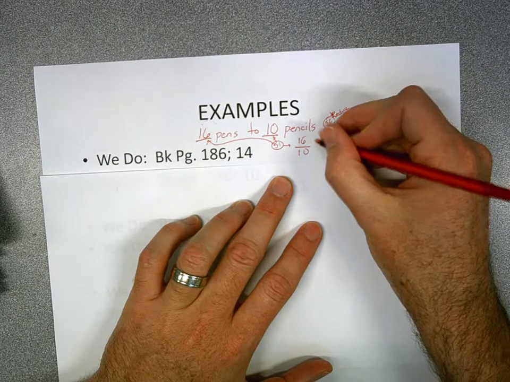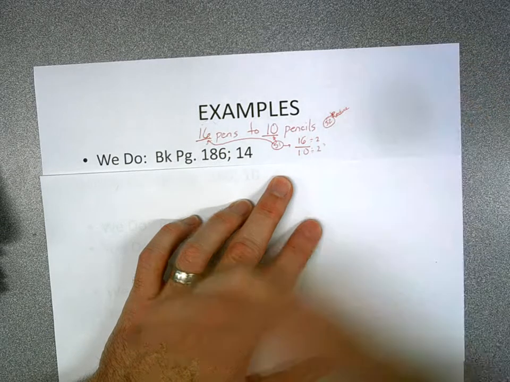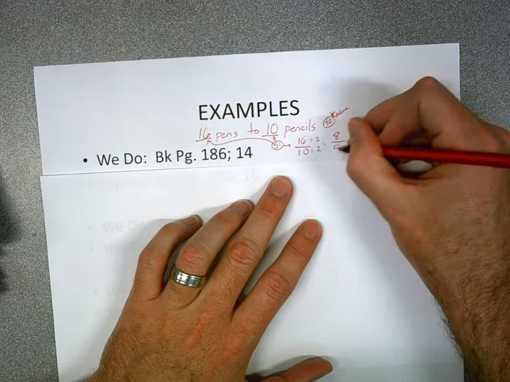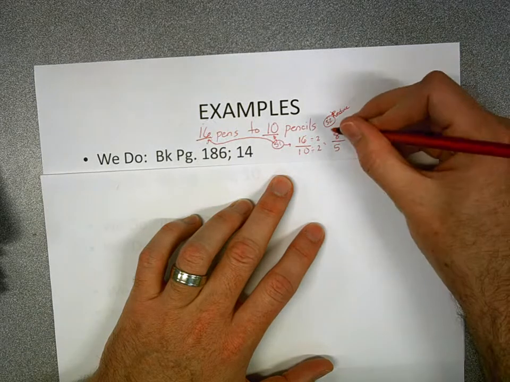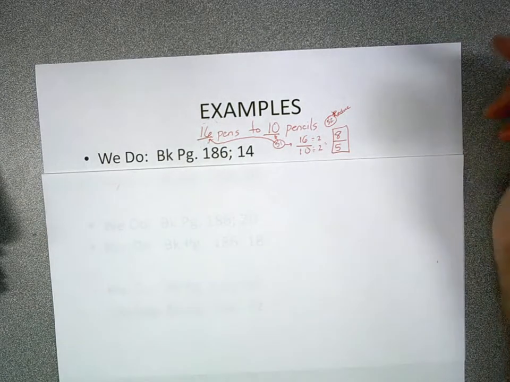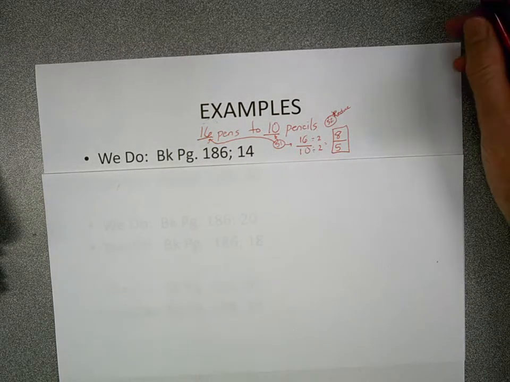In this case, I'm going to divide top and bottom by 2, and we get an 8 to 5 ratio. And that's it. That's as simple as it gets.